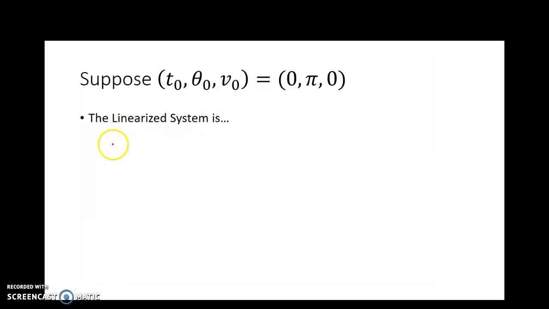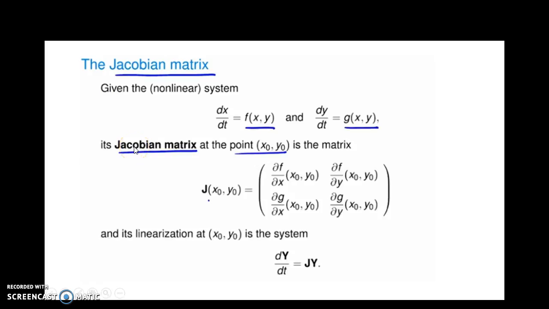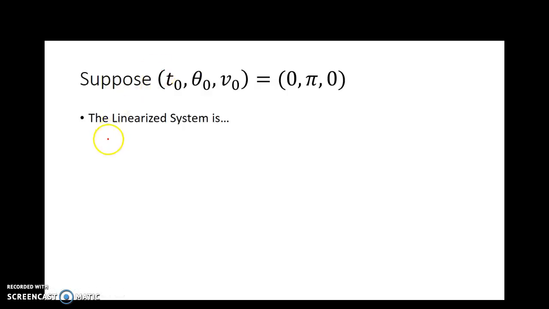First of all, I need to rewrite my system as I have d theta dt is equal to v, and I have d v dt is equal to negative v minus sine of theta.